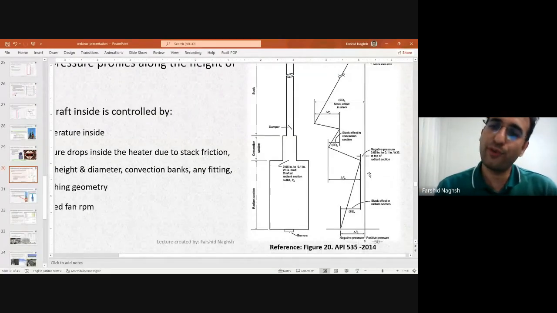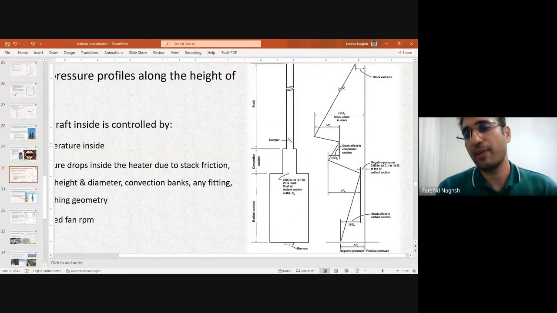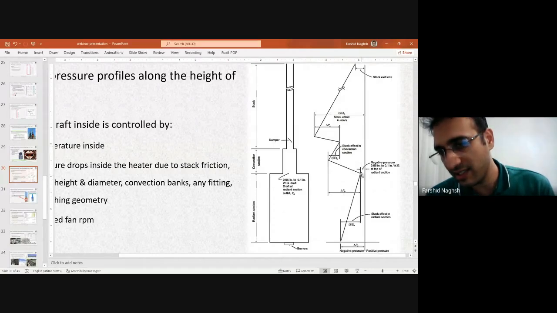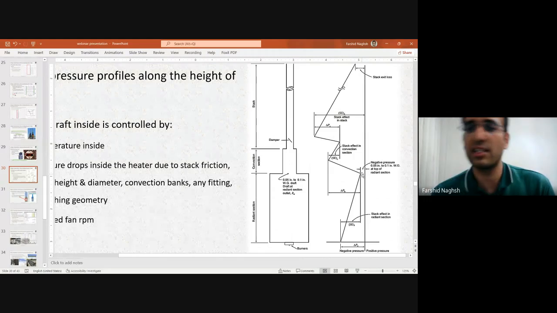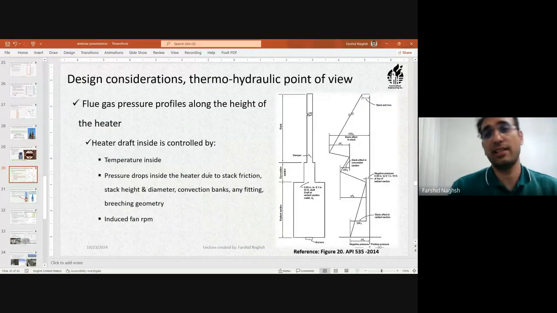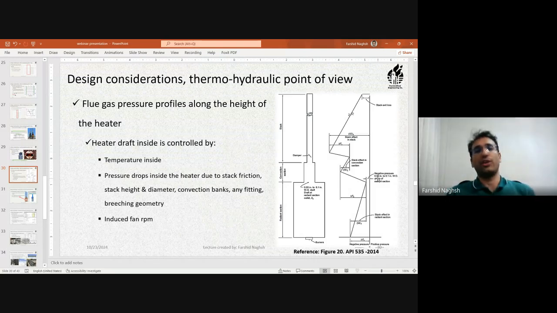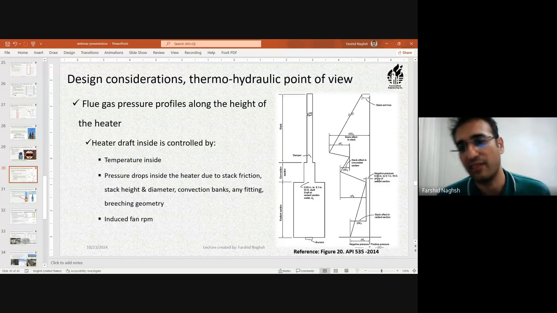This is the profile of the flue gas pressure change, the draft change. See, this section is the closest to atmospheric pressure, to zero pressure. So you have to keep that at the minimum safe value to have a safe and efficient heater operation. And the job of a good designer is to make sure that in all operating scenarios, for startup and for shutdown, we have this negative pressure just below the convection section in the arc.